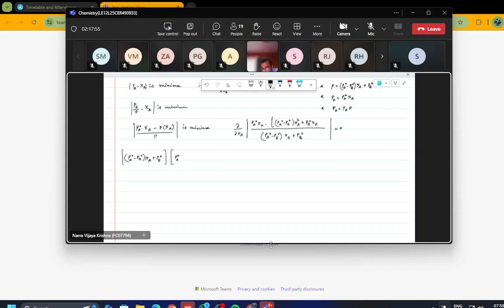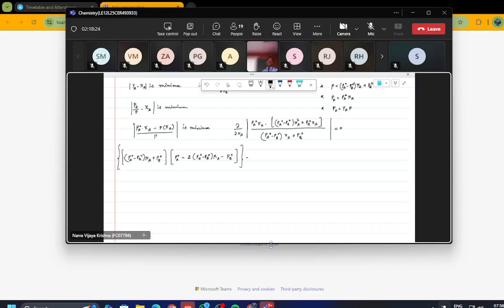Nothing wrong? Now, what is differentiation of this? Minus 2 times of Pa naught minus Pb naught into Xa minus Pb naught. Correct?